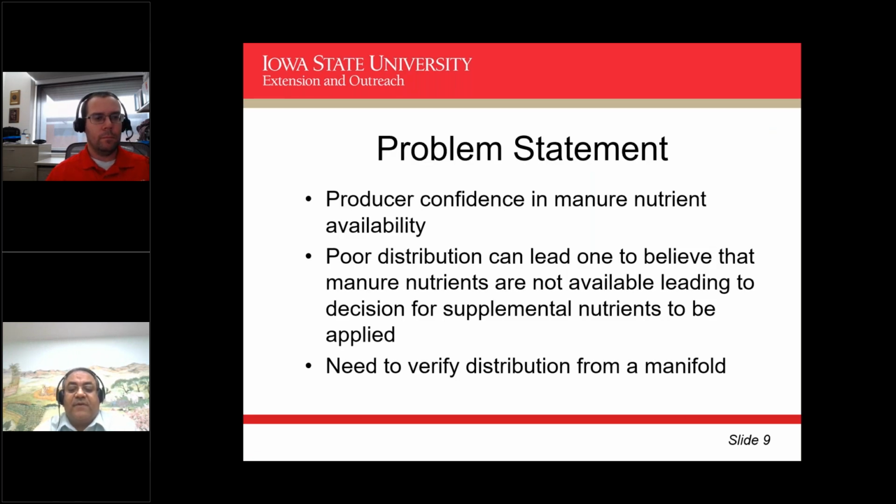So in the production of the crop itself, as we go through the growing season, the plants that are deficient in nutrients will start showing that they cannot produce as much. We do see streaking happen sometimes because of it. You'll see yellowing of the corn or other crop which is trying to use the nutrient which is not there. So it becomes prudent on our part to make sure that we have good distribution across the manifold.